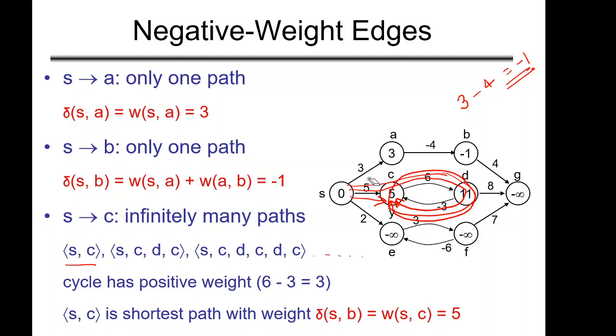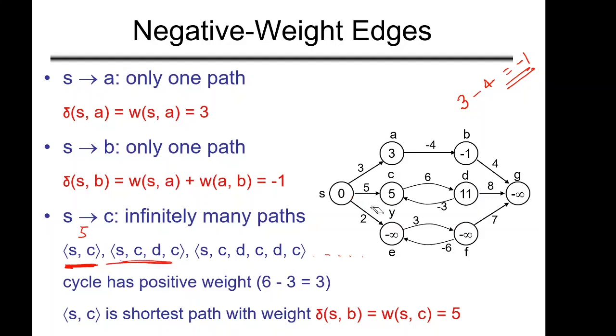Now what is the shortest path weight? This is an important concept. Let's see what the weight of each path is. If you go directly from S to C, it will give you 5. Let's follow another path.